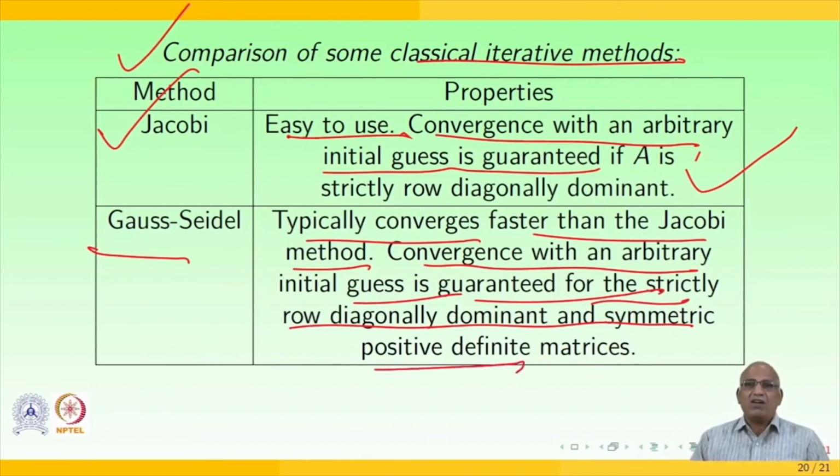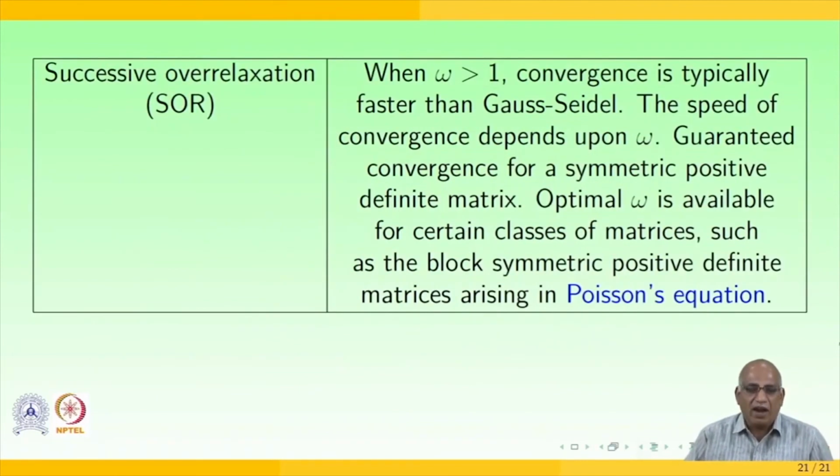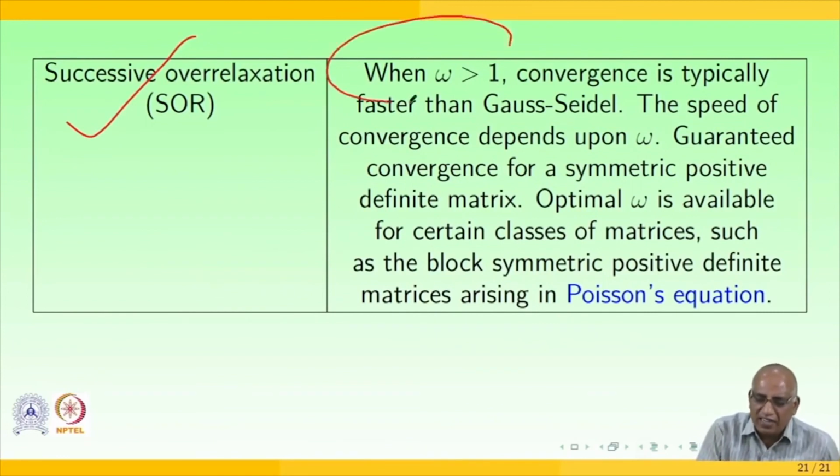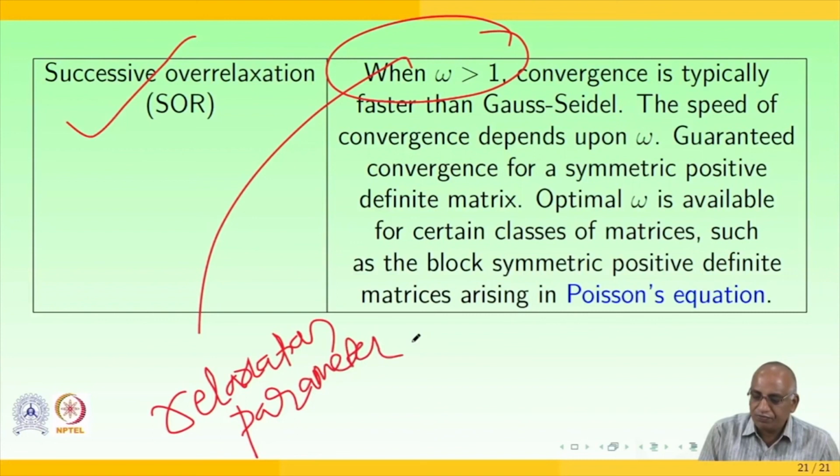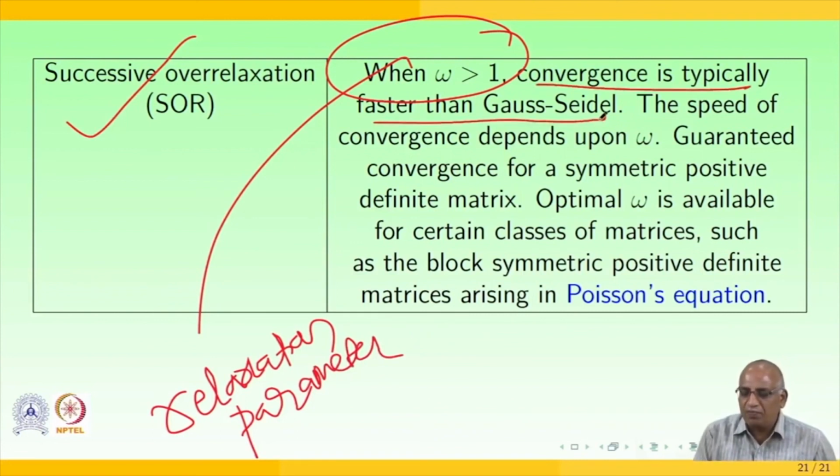So today we have learned the convergence of the iterative methods. And for the successive relaxation method, when omega is greater than 1, it is typically faster than Gauss-Seidel, and the speed of convergence depends upon omega.